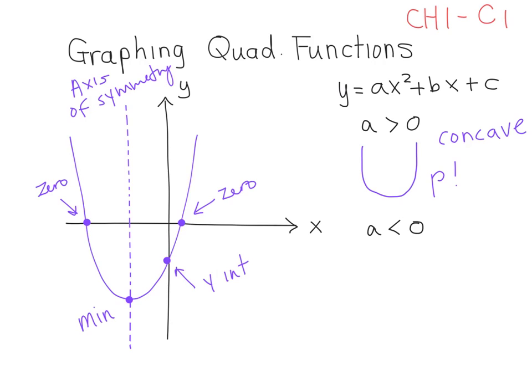When a is less than 0, in other words, if a is a negative number, then it's going to have this shape. That's called concave down. When the graph is concave up, it has a minimum, as you can see, and when the graph is concave down, it has a maximum.